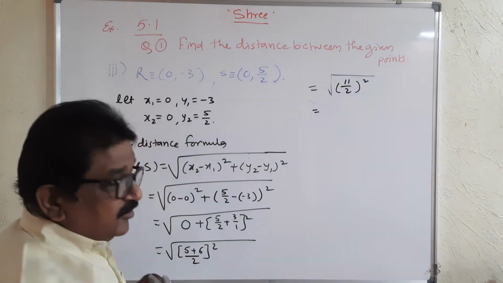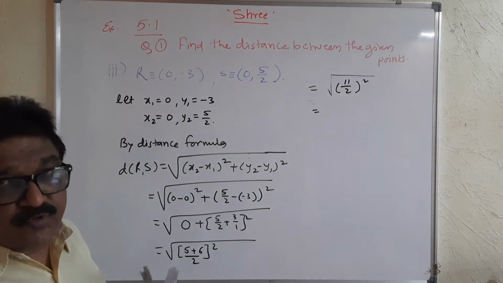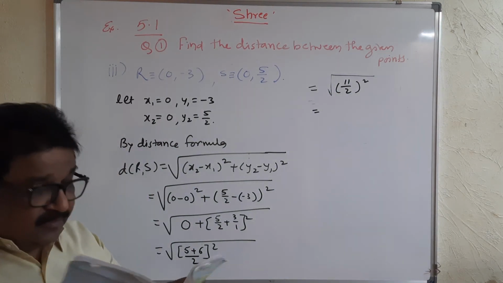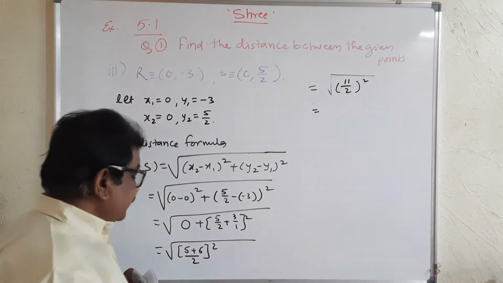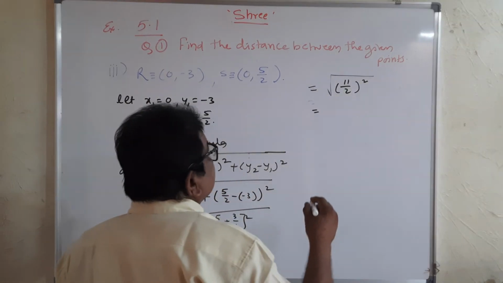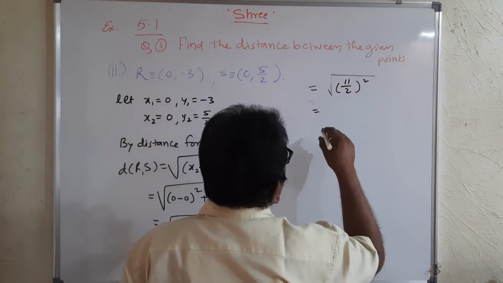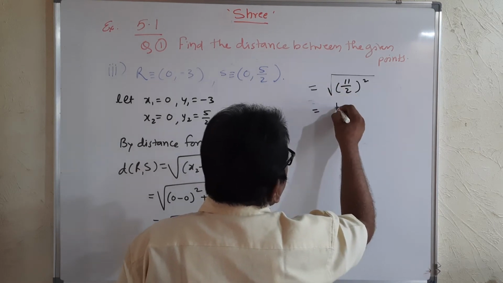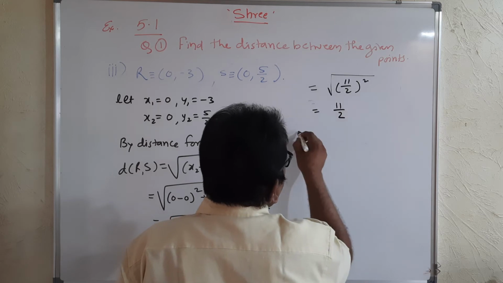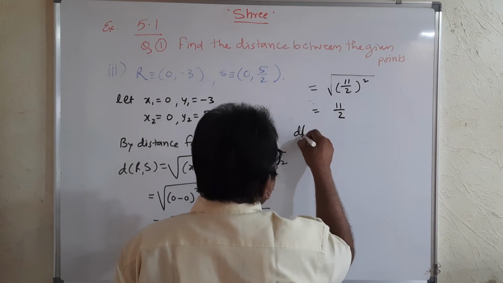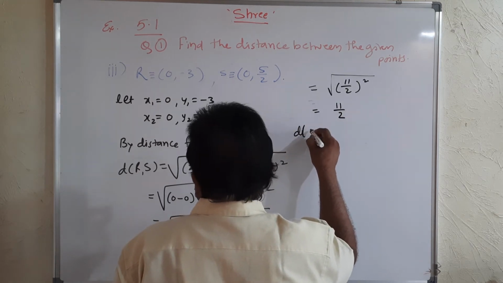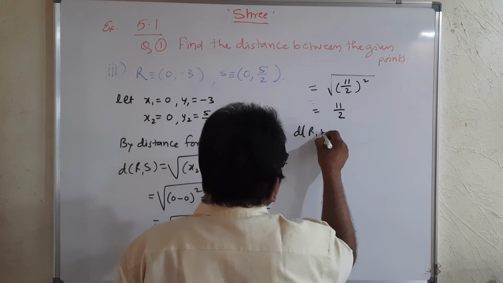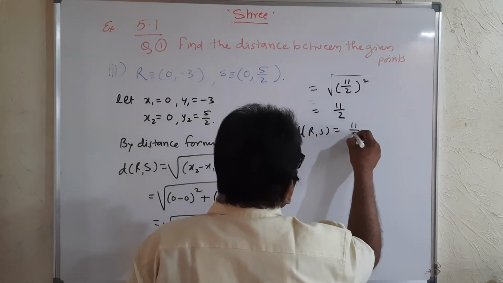For the final answer, you have to take the square root of this term. And here distance is always positive, so there is no sign of negative. So it will be 11 upon 2. Distance RS is equal to 11 upon 2.